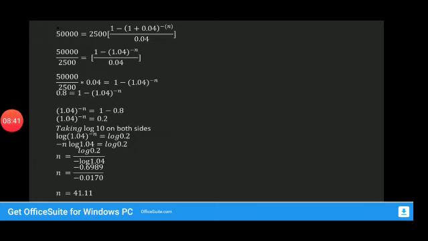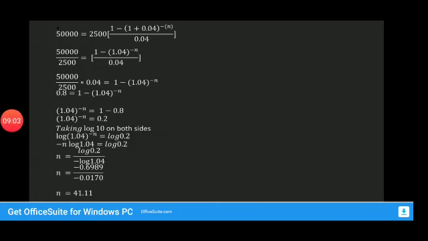Now this is a rule that if the variable is in the power and we need to find the value of the variable, there is a simple rule that you need to take a log to find the value. So take a log on both sides. When we take a log on both sides, the equality remains the same. So I am taking log on both sides.